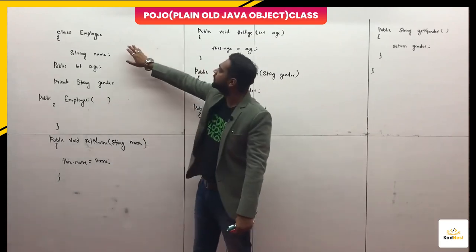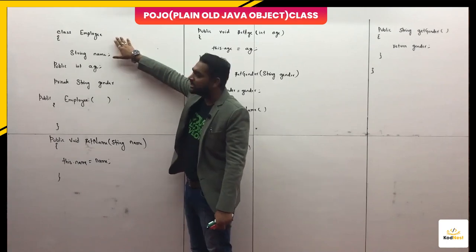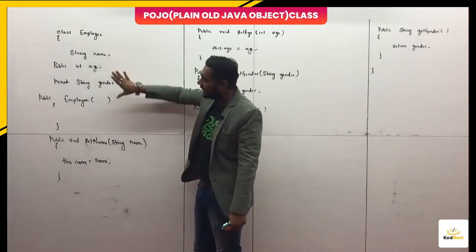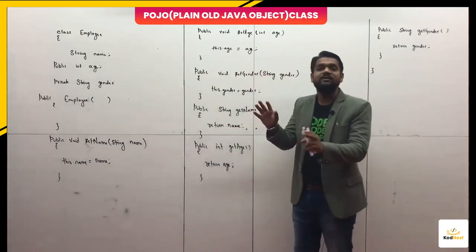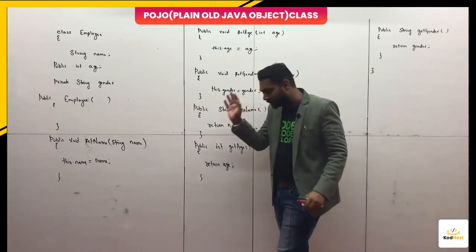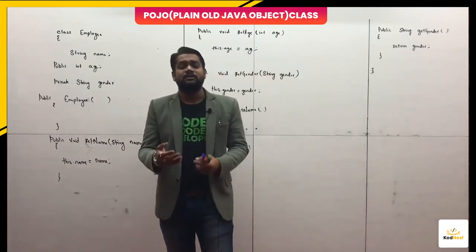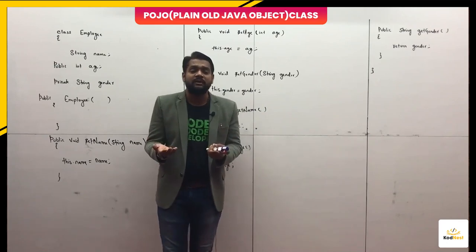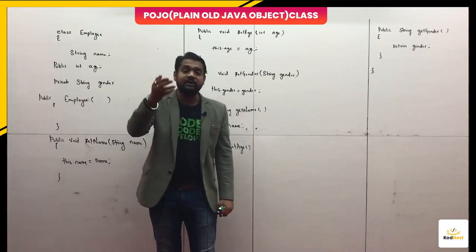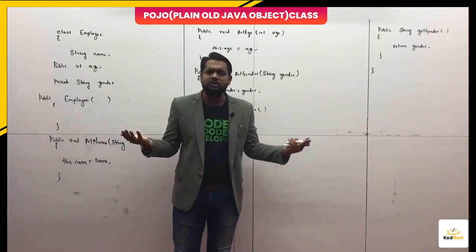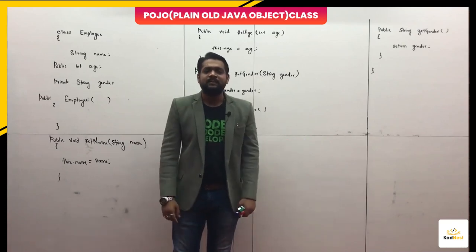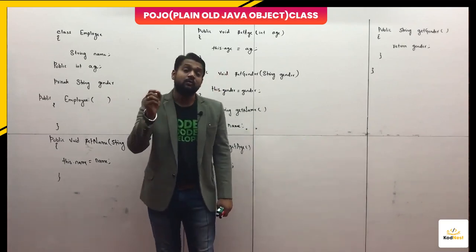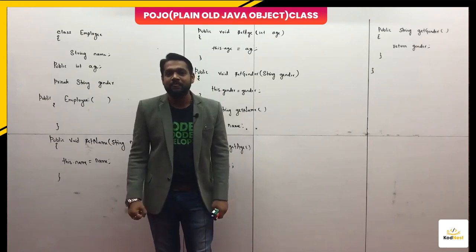As I have told you, a POJO class is a class in which some instance variables are there and some getters and setters are there for the instance variables. That only is a POJO class. So many POJO classes you have written till date, starting from that Student, Fan, so many. I hope I am completely clear on what is a POJO class.